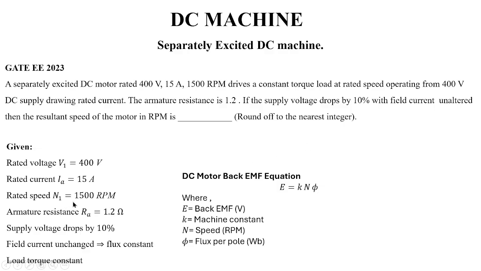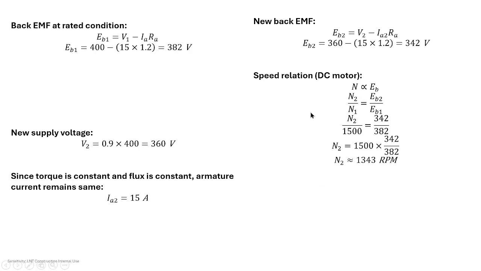Eb2 we found is 342 volt, and Eb1 is 382 volt. So N2 is equal to 1500 into 342 by 382. If you calculate, the result is 1343 RPM, which is the answer of this question.